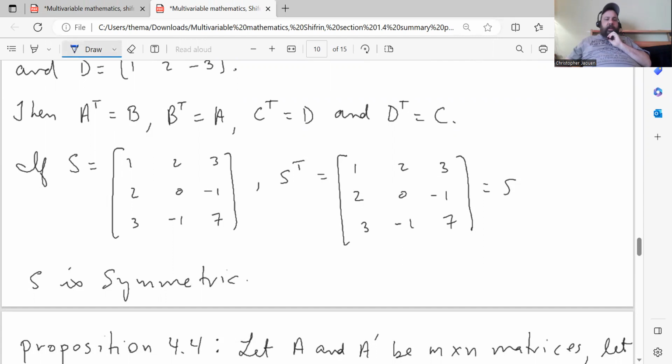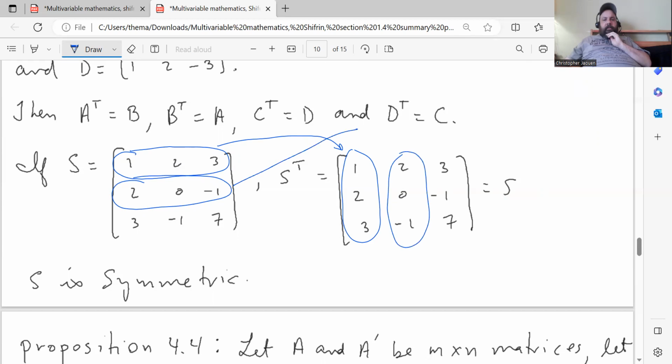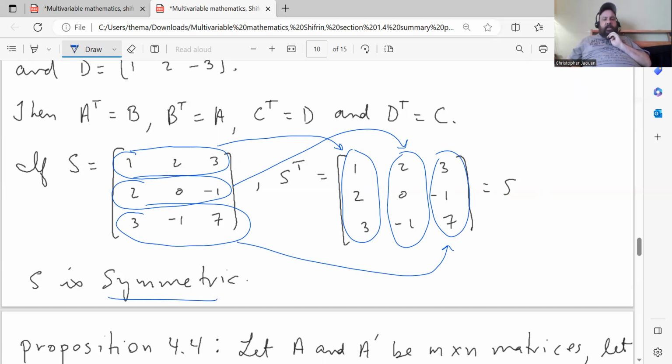If you take the first row here and turn it into the first column of S transpose, take the second row and write it as the second column, and take the third row and write it as the third column, that gives you the transpose of the matrix S. But notice that the transpose of S is the same as the matrix S. So in this case, we would say that the matrix S is symmetric.